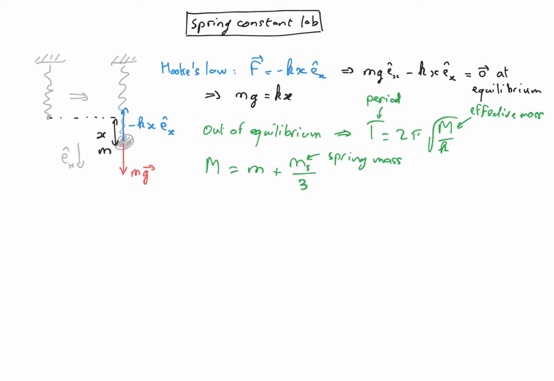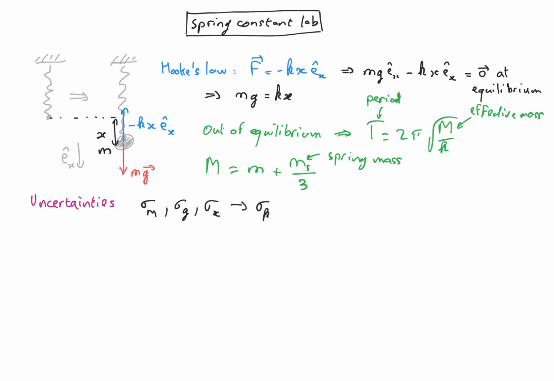So let's now talk a little bit about uncertainties. For instance, if we take the first method using mg equals kx coming from Hooke's law, we see that in order to determine the spring constant k, we need to measure x for a mass m, and we need to know g. But all these quantities, m, g, and x, have uncertainties, and therefore we need to determine from these uncertainties what will be the uncertainty for k.